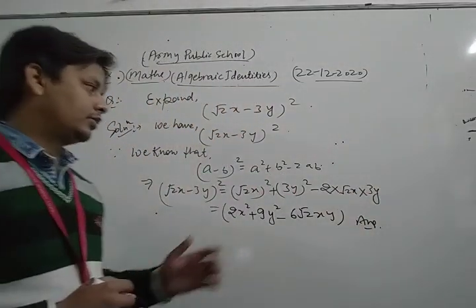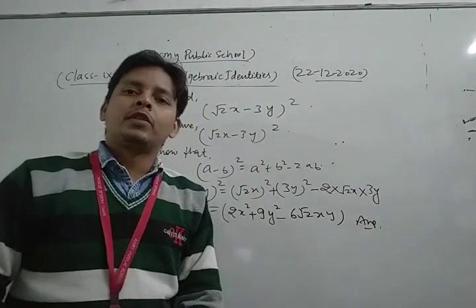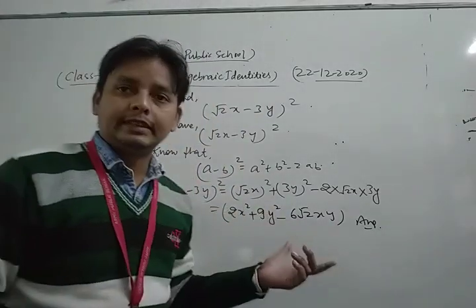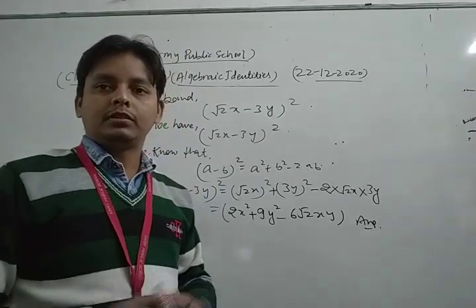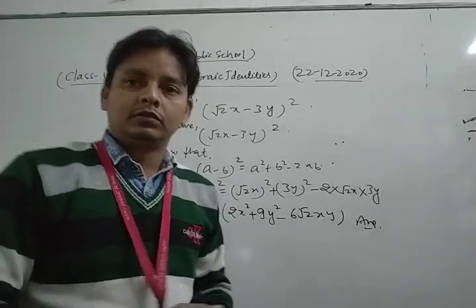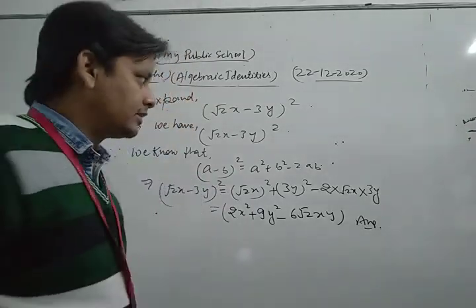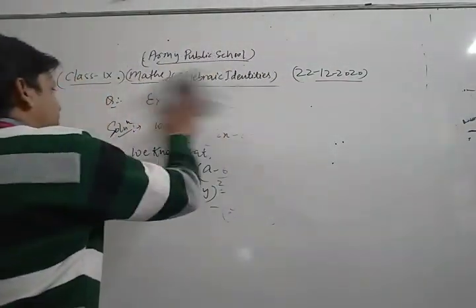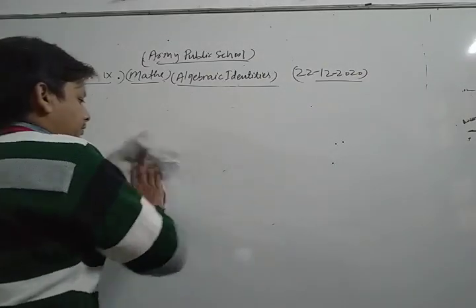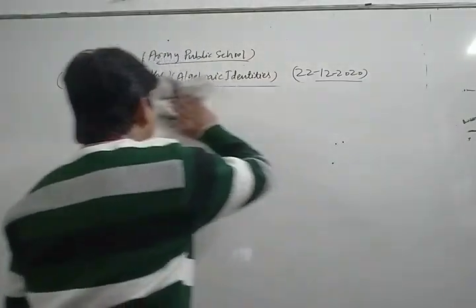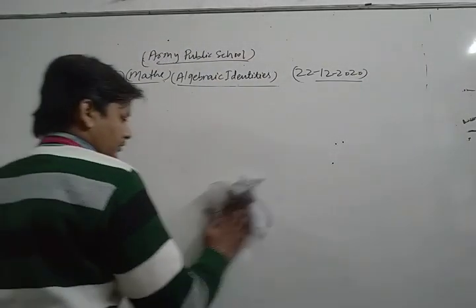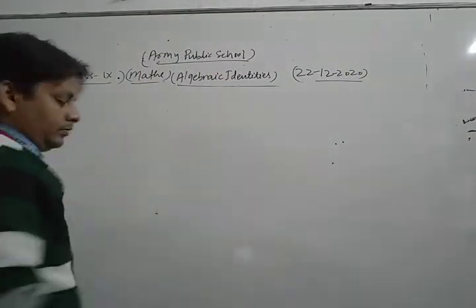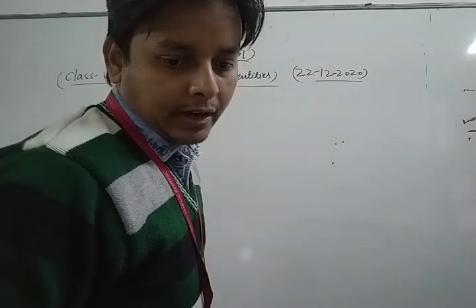Thus, dear students, in this way you can expand all questions based on that type of identities. Now we take and solve the next question, some other important question based on algebraic identities. Let's see. Now find the products.